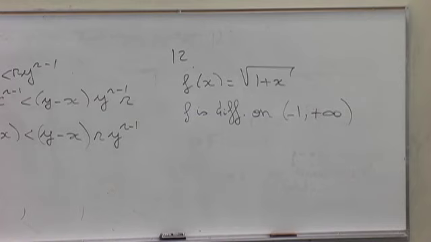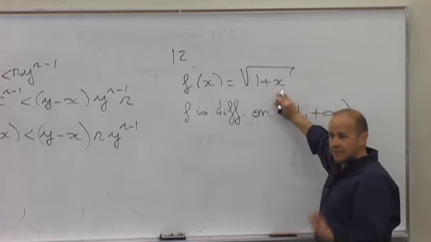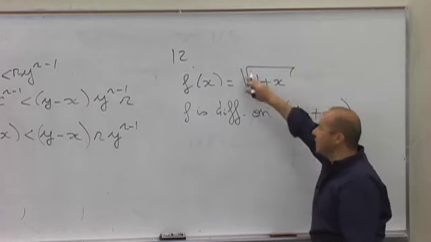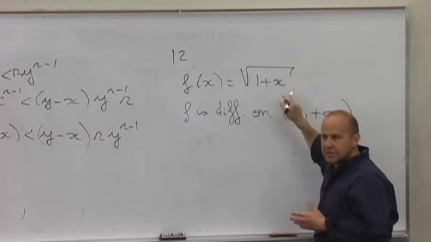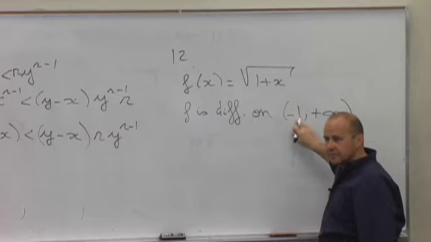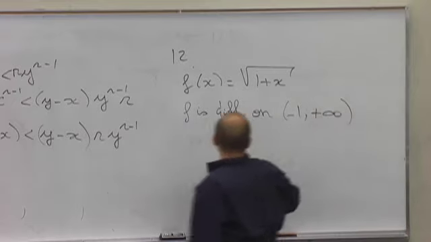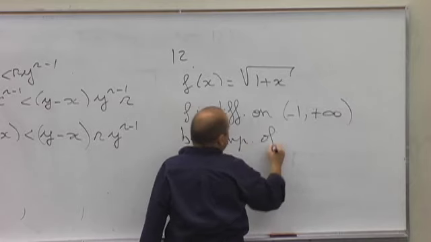Composition of differentiable functions. Okay? I'm composing 1 plus x, which is a polynomial and is differentiable everywhere, with square root, which is differentiable on (0, positive infinity). But 1 plus x is positive when x is bigger than minus 1. So this is a differentiable function by the composition of differentiable functions.